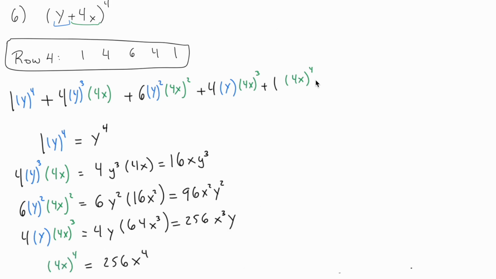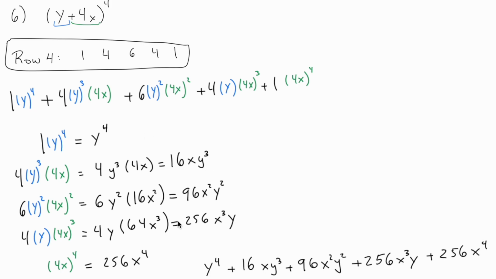Then I simplify the last term, which is 4 to the power of 4, which is 256. Now that I have simplified all of the terms, my final answer is just writing them down together. So y fourth, 16xy cubed, 96x squared y squared, 256x cubed y, 256x fourth.